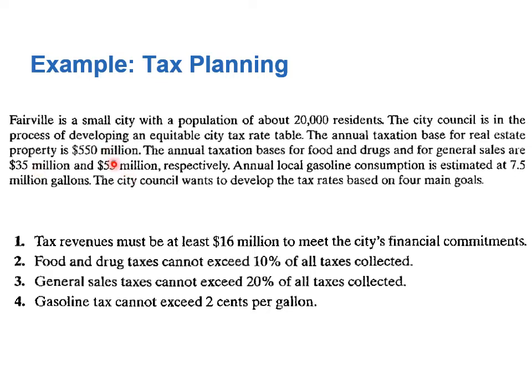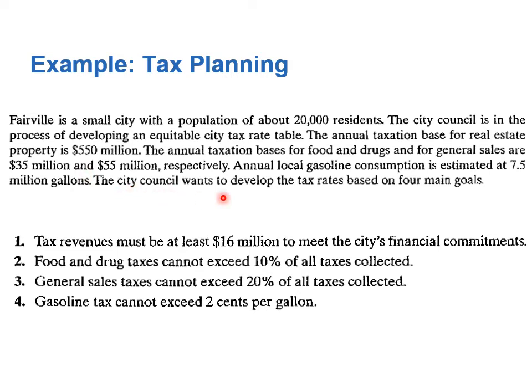Again, we will collect some percentage of this as a tax. On the other hand, annual local gasoline consumption is estimated at 7.5 million gallons. So this is the consumption of gasoline in terms of gallons. It's not dollars. Be careful, it's gallons.